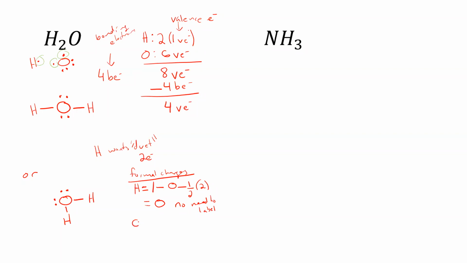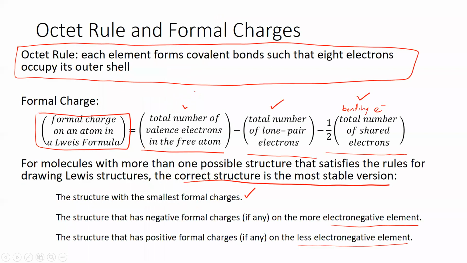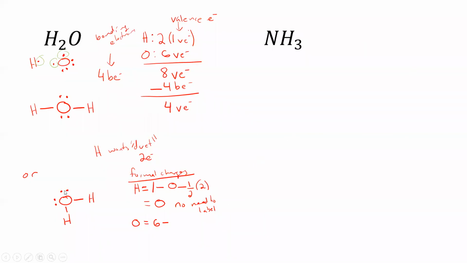Then we've got oxygen. Oxygen has a total of 6 valence electrons in its free atom, minus the total number of lone pair electrons. So we have 1, 2, 3, 4 lone pair electrons.